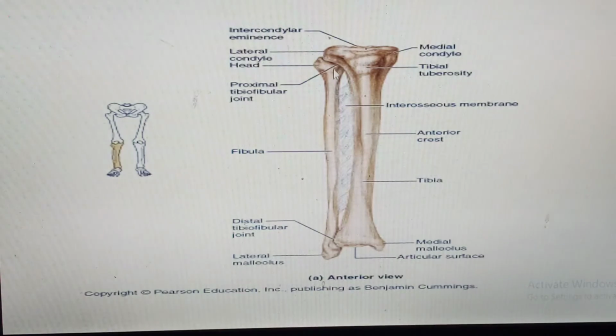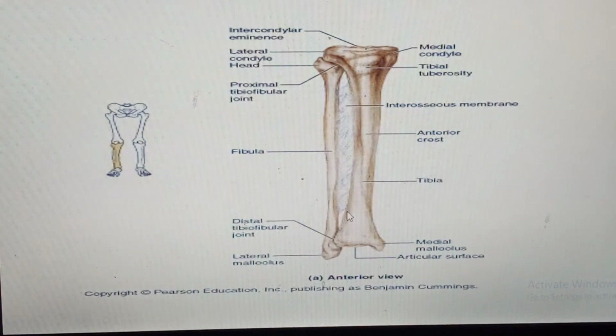It will run around the neck of this fibula, and just by wrapping around, it gives off its branches: the deep peroneal nerve to supply the anterior compartment of the leg, and the superficial peroneal nerve to supply the lateral compartment of the leg.